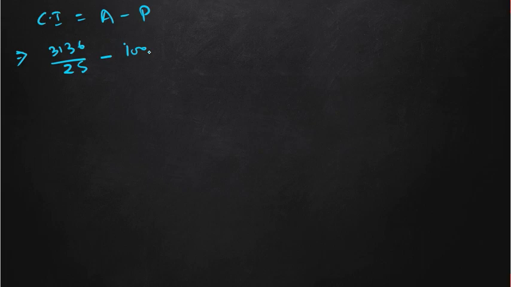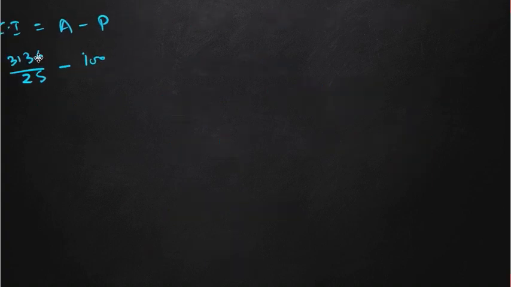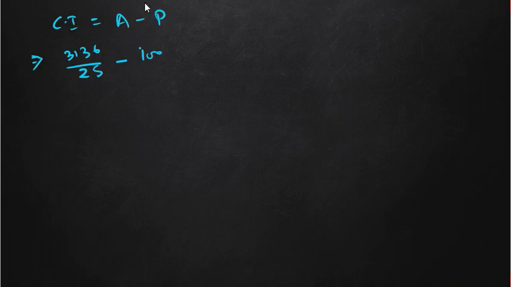Clear how I have calculated it? Compound interest is equal to amount minus principal. Oh wait, this is not the compound interest, this is our amount. Sorry, this is the formula for the amount, a little mistake.